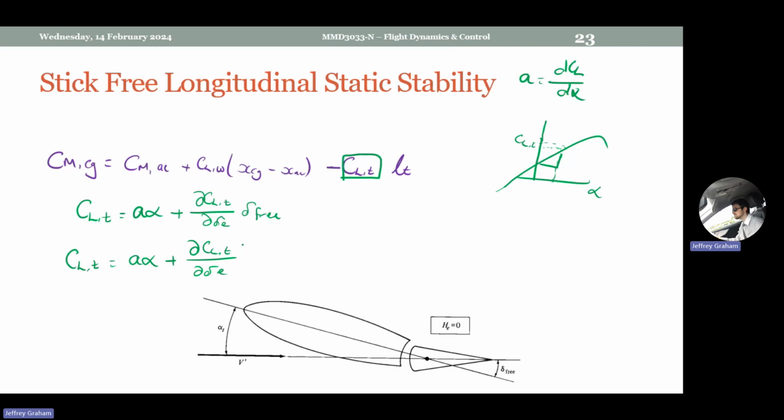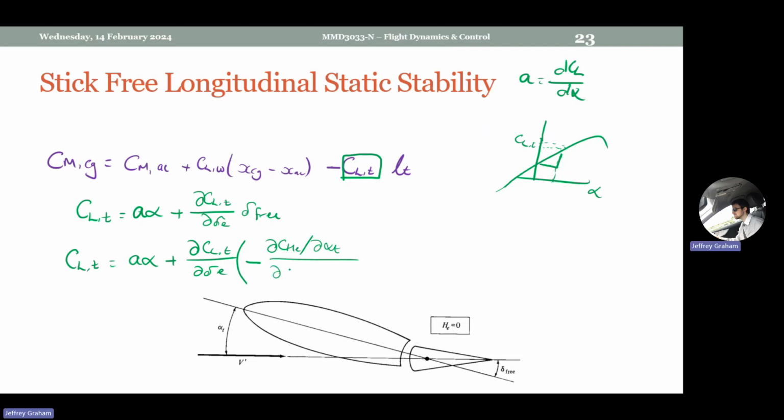So obviously its lift curve can change based on changing our elevator. And the angle that we set that to, as I've just said based on the last bit, was the minus value of the first hinge moment, which was based on the angle of attack.